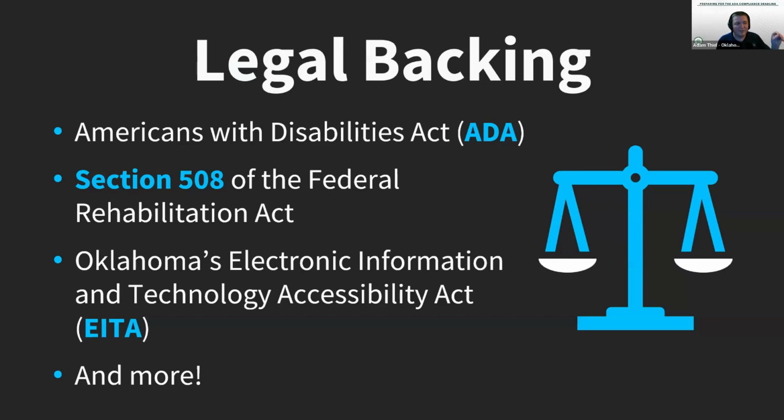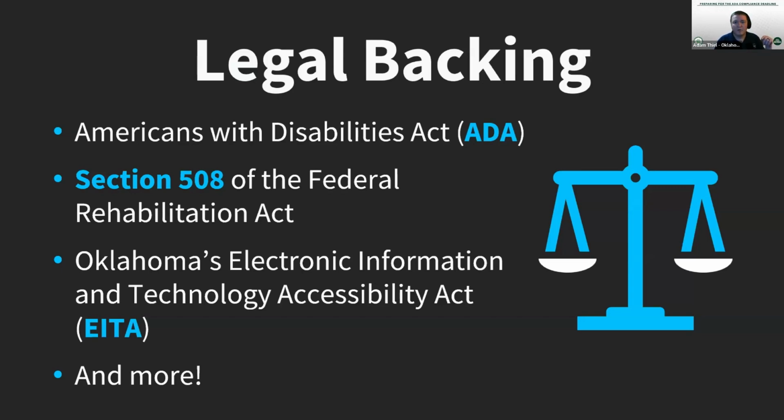Even if you're not familiar with that name, it's the law that requires buildings to have ramps and accessible parking spaces and that kind of thing. It started as a physical space accessibility thing. It's a 30-year-old law, back before the internet existed. And so it has morphed and grown with that movement to include digital accessibility content.